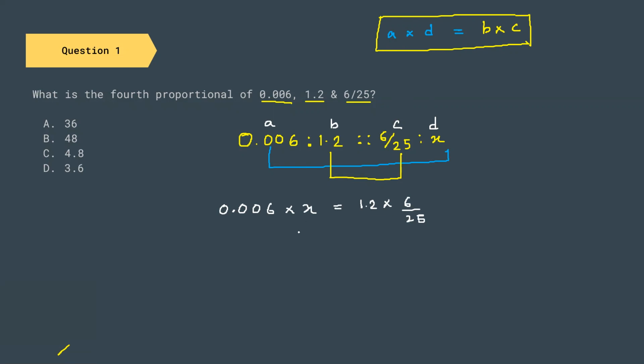Now I'm not going to do any raw calculation. I'm just going to write the values like this: 6 divided by 1000 multiplied by x is equal to 12 divided by 10 multiplied by 6 divided by 25.